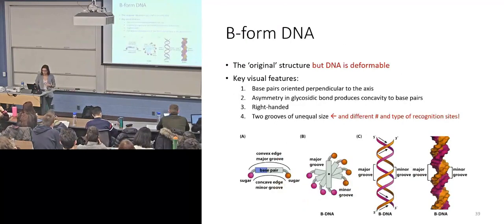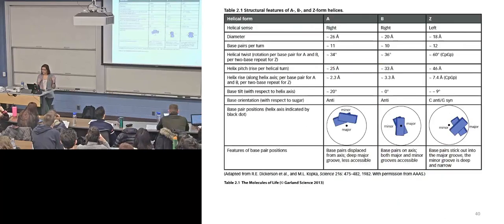Okay. So again, original structure, but DNA is deformable, and we have two grooves of unequal size, and more importantly, they have a different number and pattern of recognition sites. This is a nice table that I want you to have knowledge of its existence, and you should feel comfortable using a number off this table, but don't memorize exactly the helix pitch between each form in angstroms, not important to me.